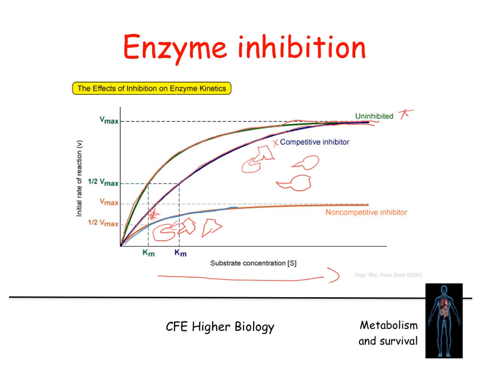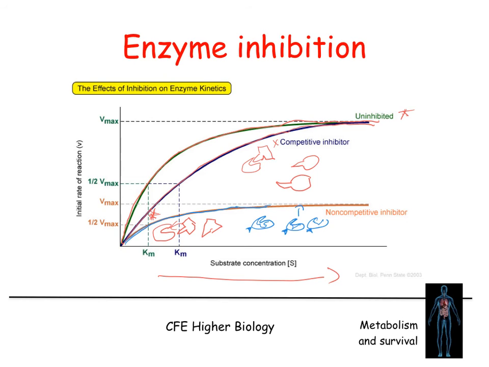Now, when we have a wee look at the situation where there's a non-competitive inhibitor, what's happening in this scenario here is that we've got our enzyme and the inhibitor is binding to that and changing the shape of the active site. And so it doesn't matter how much extra substrate you're adding, the reaction rate will not get any higher. So what's happening here is that more and more of the enzymes are getting more and more of the inhibitor added to them, and it's changing the active site.